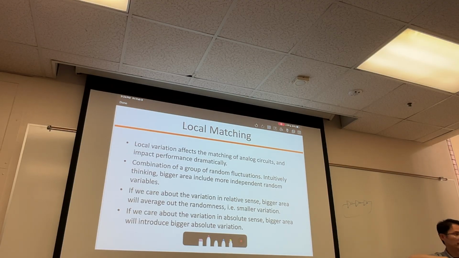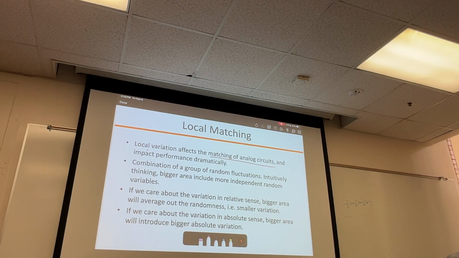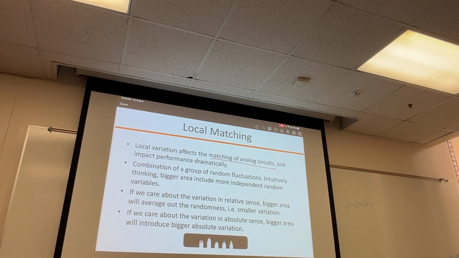All the transistors are either fast or slow. But the local variation will have certain characteristics for our circuit design. Basically, local variability will affect the matching of our circuits, and it will affect our performance dramatically.